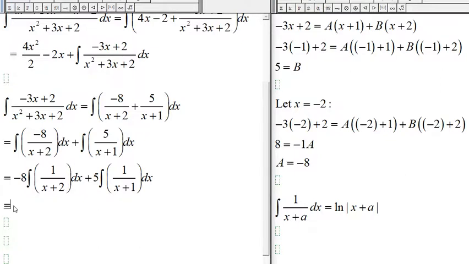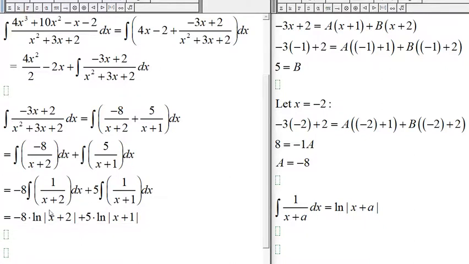And so this becomes negative 8 times the natural log of x plus 2, and then plus 5 times the natural log of x plus 1. And so that's for this part.